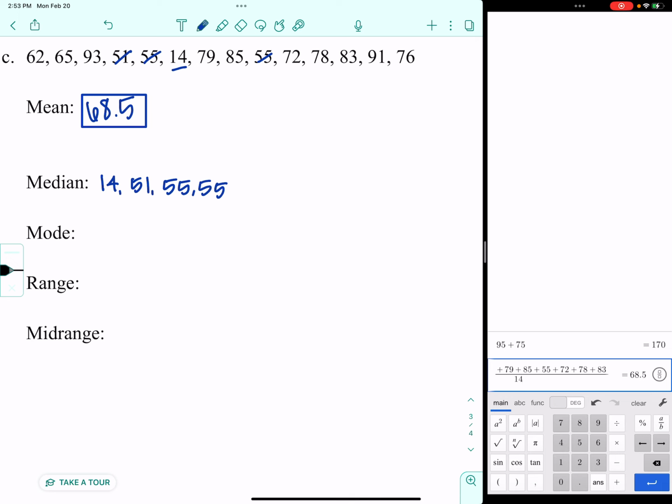And a 65. And a 72. 76. 78. 79. 83. 85. 91 and 93.